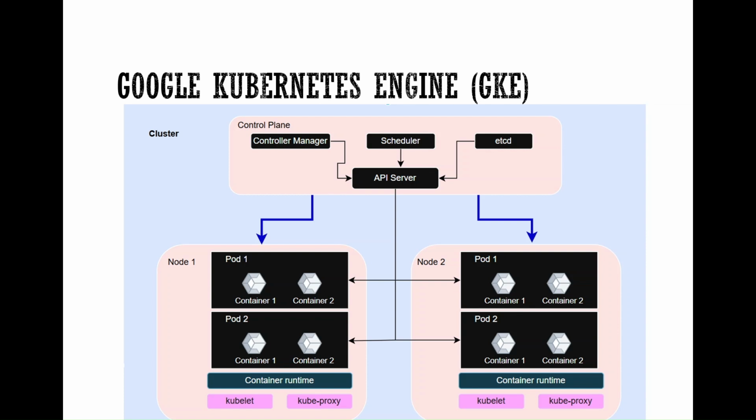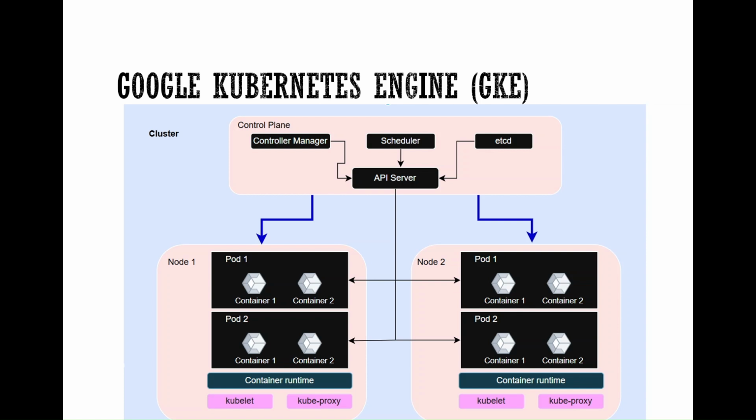It is all done by this control plane, and generally there are some master nodes available in a cluster that work as a control plane. Okay, so the control plane generally has four components. The first one is the controller manager, then the scheduler, then etcd, and then the API server.